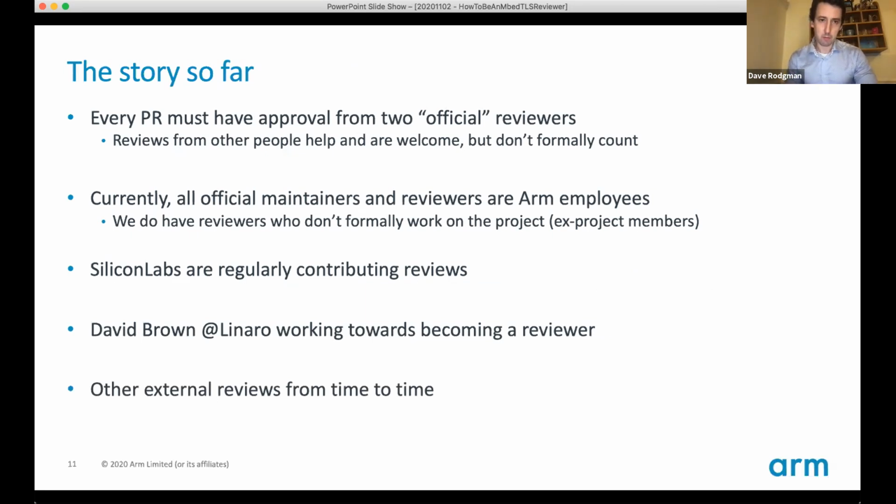We welcome reviews from other people who are not officially approved, but those do not formally count towards the tally needed to tick the box and merge it into the project. And currently, all the official reviewers are ARM employees. Not all of them are directly working on the project or directly involved. Some of them are former project members, for example.